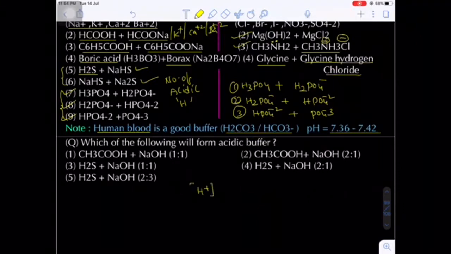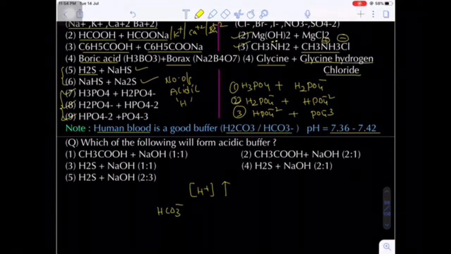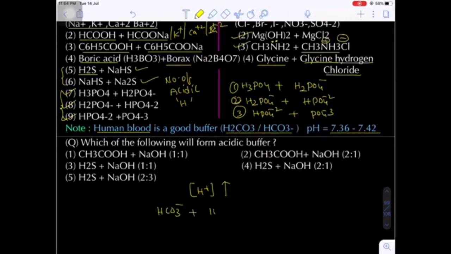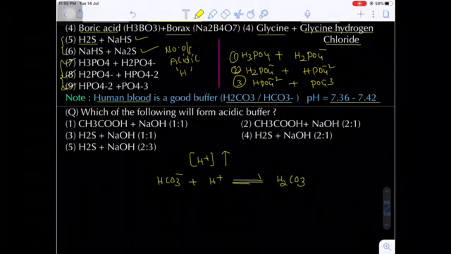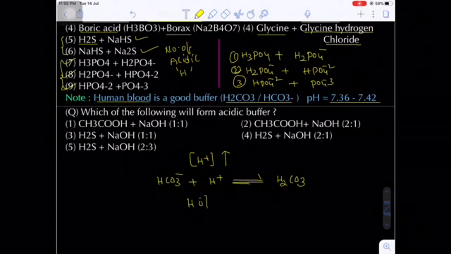Now let's suppose in the human body the H plus ion concentration increases. Then the mixture of carbonic acid and bicarbonate functions as a good buffer and maintains the pH of the blood. The increase in H plus ion concentration is reduced by the bicarbonate, which is converted into carbonic acid.